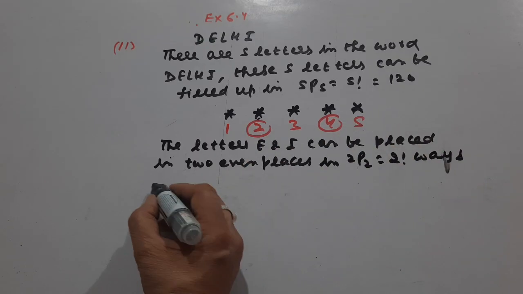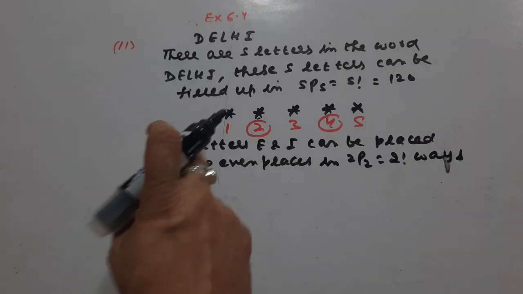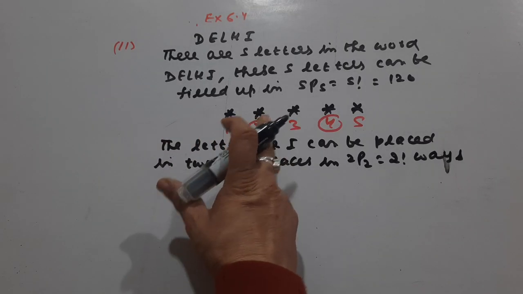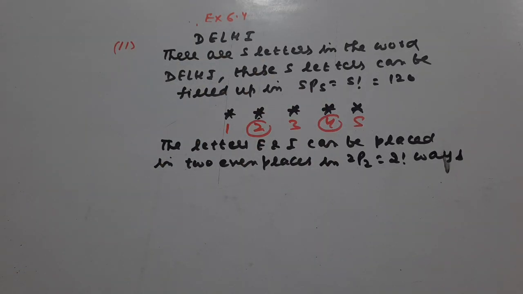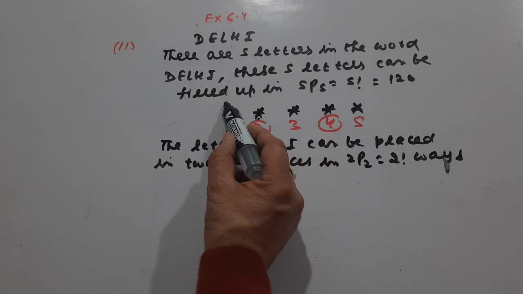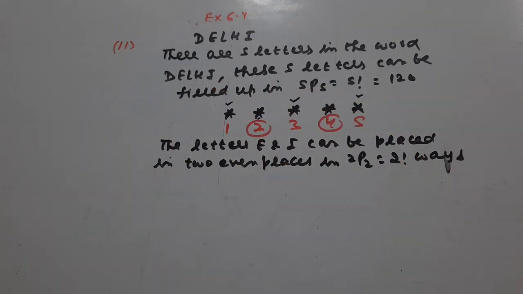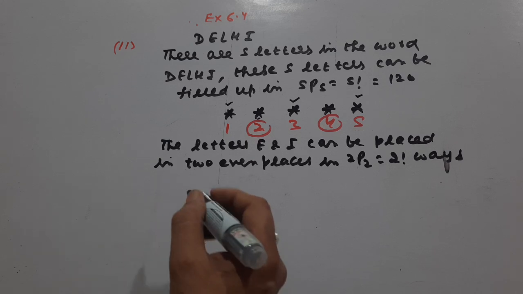right. अब हमारे पास टोटल 5 लेटर्स हैं और 5 में से हमने दो लेटर्स इवन प्लेसेस पर एडजस्ट कर दिए हैं. Now we are left with 3 places. One is this place, second is this place and third is this place. So we are left with 3 places and also we have 3 letters.